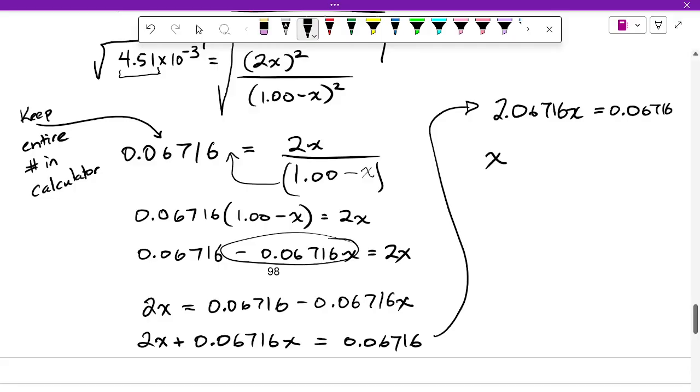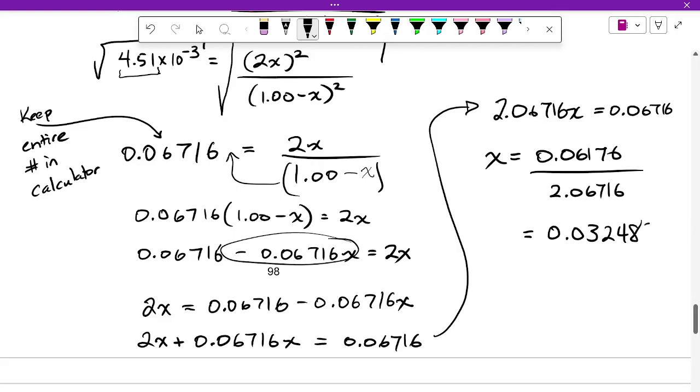And then x is equal to 0.06716 divided by 2.06716, and we get 0.032487. Whew. You don't need to show all of that work.